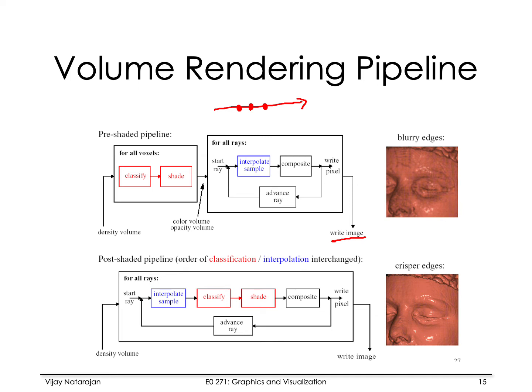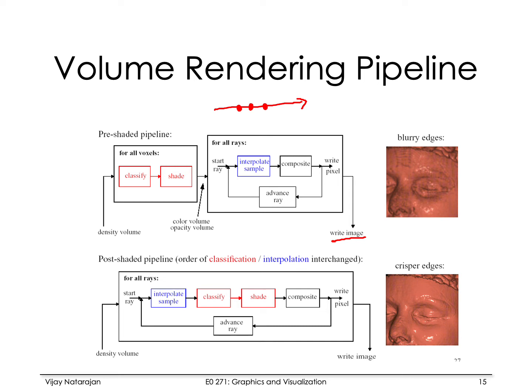And these colors that are computed or shades that are computed are composited to give us the value at the corresponding pixel. And essentially generate the image as shown on the right.